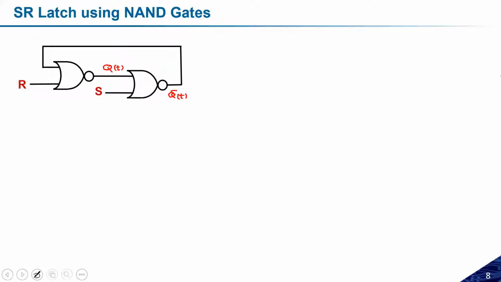To make it NAND based, we can simply apply the De Morgan theorem at these points. We know that a two input NOR gate can be written as a bubbled AND gate. This is the bubble, and this is what the De Morgan theorem says.